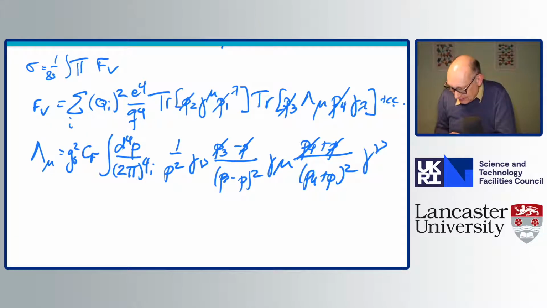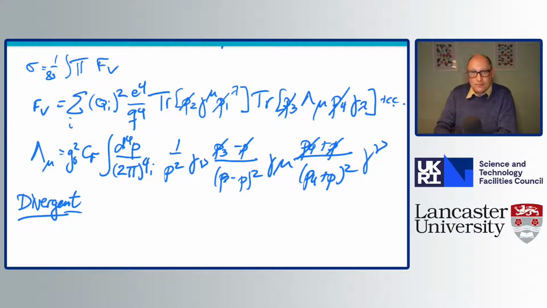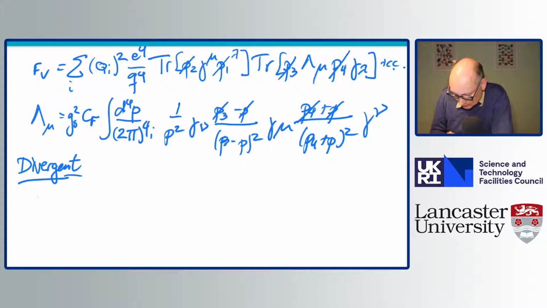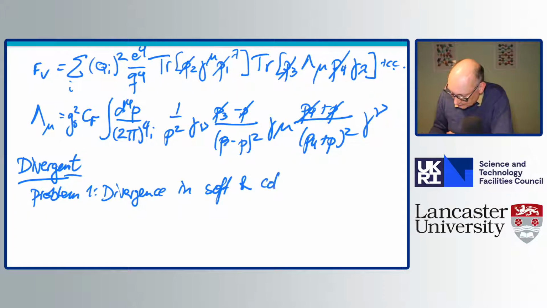Unfortunately, this integral here is divergent, meaning there's no finite answer. There's a divergence in many regions of phase space. First of all, it's divergent in the soft and collinear regions. So, problem 1, there's a divergence in soft and collinear regions.